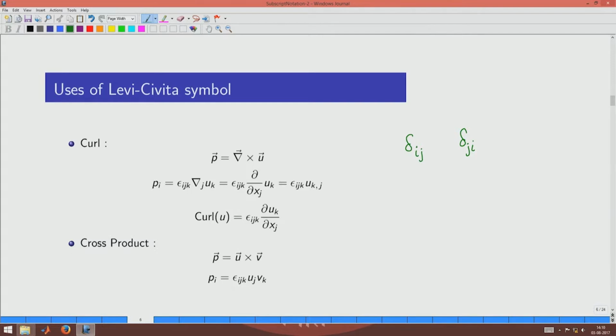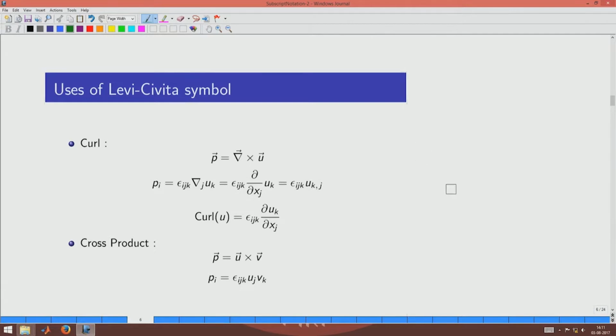For a given set of numbers for i and j, they both will have the same value. In other words, this is symmetric over the indices i and j, whereas when we write epsilon i, j, k, the sequence of these 3 is very important. We will illustrate how we are going to use this in our derivation as follows.